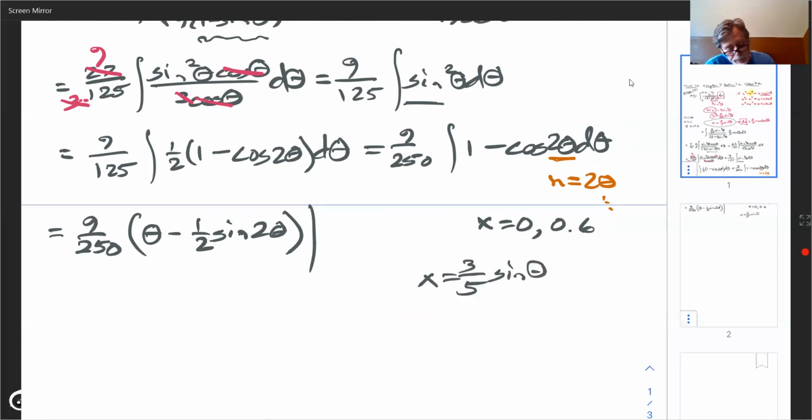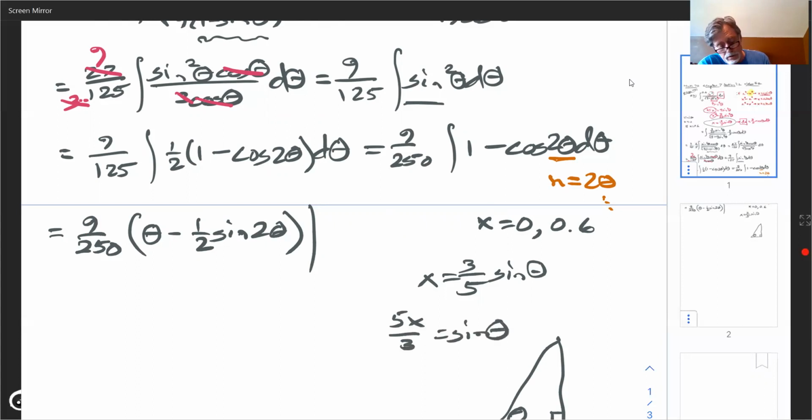Now here's the thing, what we're going to do is use that right triangle game, call this theta, and I'm going to fill in the sides. This is a tricksy way of just using identities to figure out what the various trig values are in terms of x. So I'm going to multiply by 5/3, so 5x over 3 is sine theta.